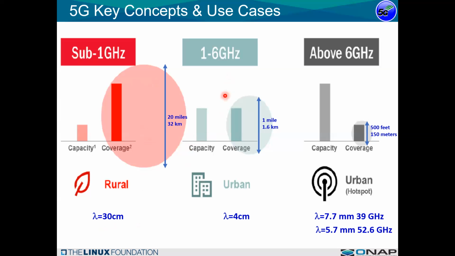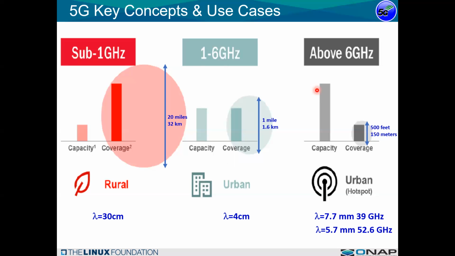When we come to the mid-band, it would probably be deployed in an urban setting with a reach of a mile, or 1.6 kilometers, in the range of 1 to 6 gigahertz, with wavelengths of 4 centimeters.